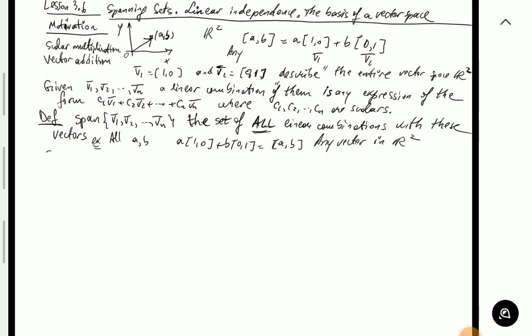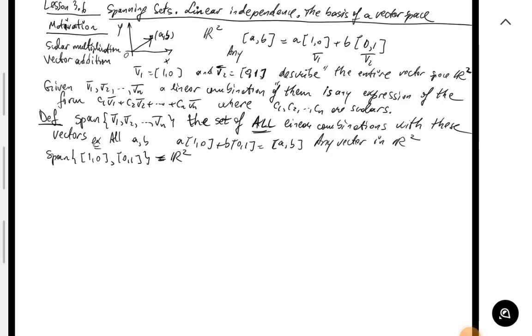So you could say that the span generated by the vectors (1, 0) and (0, 1) is the entire space R2. Now, in general, the spanning set does not have to be the whole space. It's important in both cases, when it's the whole space and when it's just a subspace.